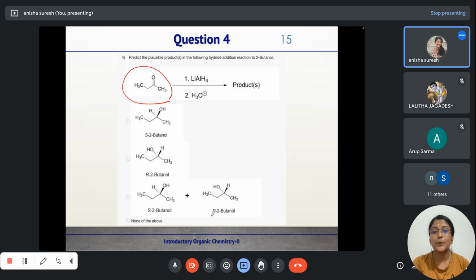Which will be the possible products for the hydride addition reaction?